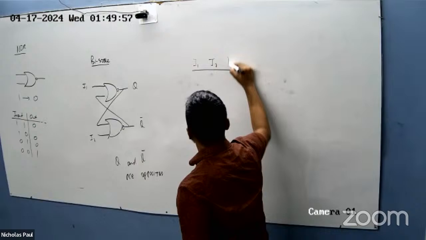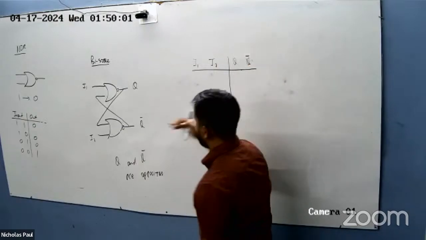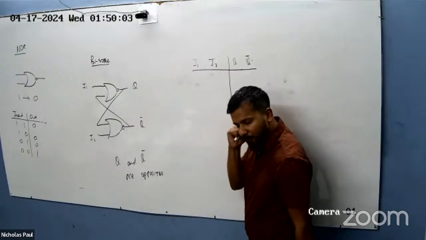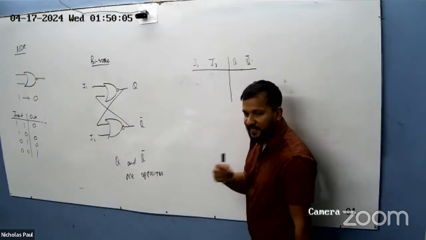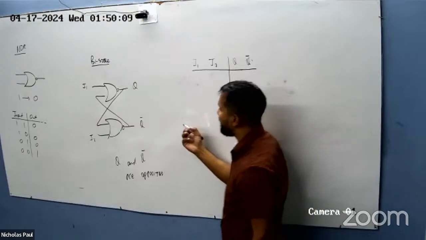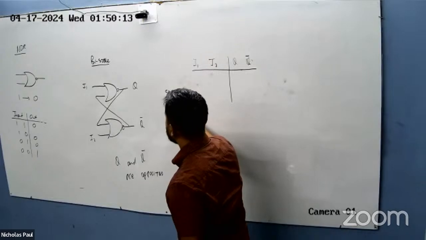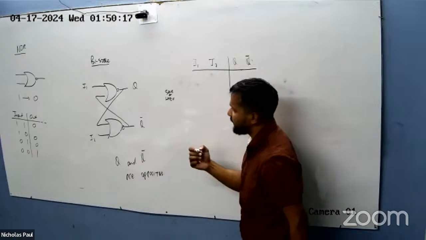One of the special properties of this circuit is that it has the ability of saving the previous output. So it has the ability to save and latch. They both mean the same thing, right? Here's how it works.